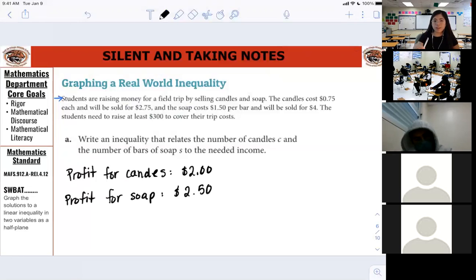So now these are the numbers we're going to use in the inequality. All right, so what do we say? Okay, here it's telling us that candles is C and soap is S. So we're going to use those variables, and the profits have to be at least $300. So who can give me an inequality? I can write down on paper first. Yeah, take a second.